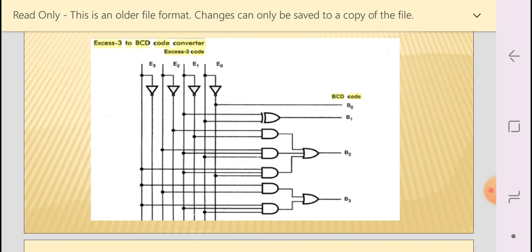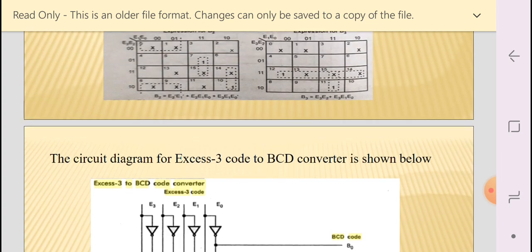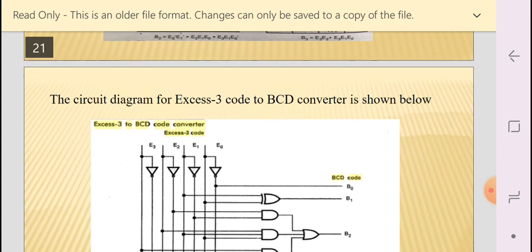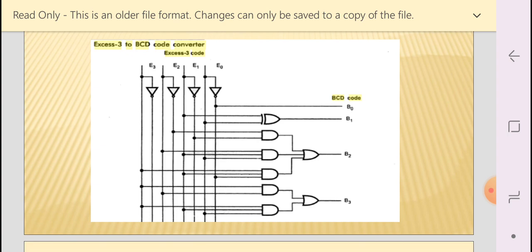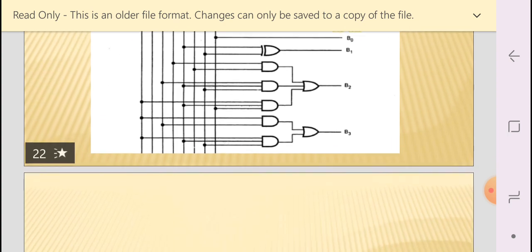So B0 is equal to E0 bar, right, B1 is the XOR gate of E2 and E1, and B2 and B3 have the logical expressions we are getting from the K-map. Accordingly, you have to design the converter circuits. So this is how you can design an XS3 to BCD code converter.